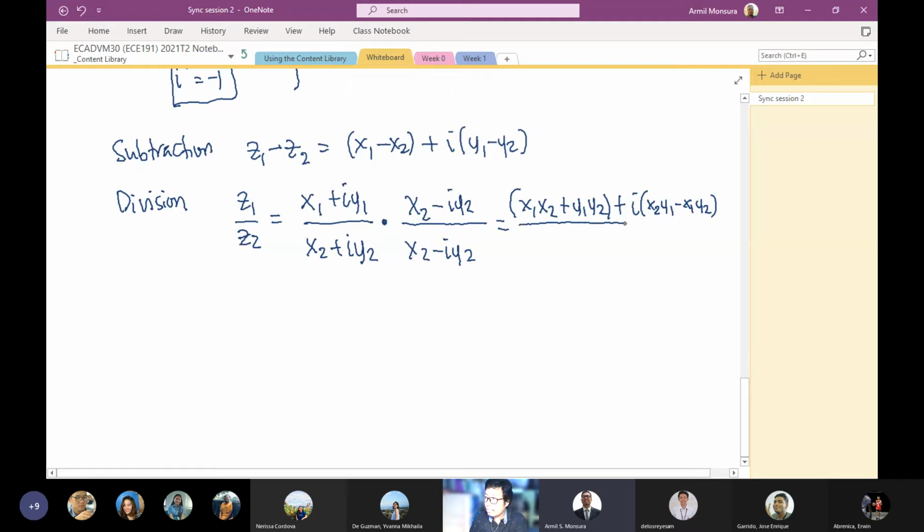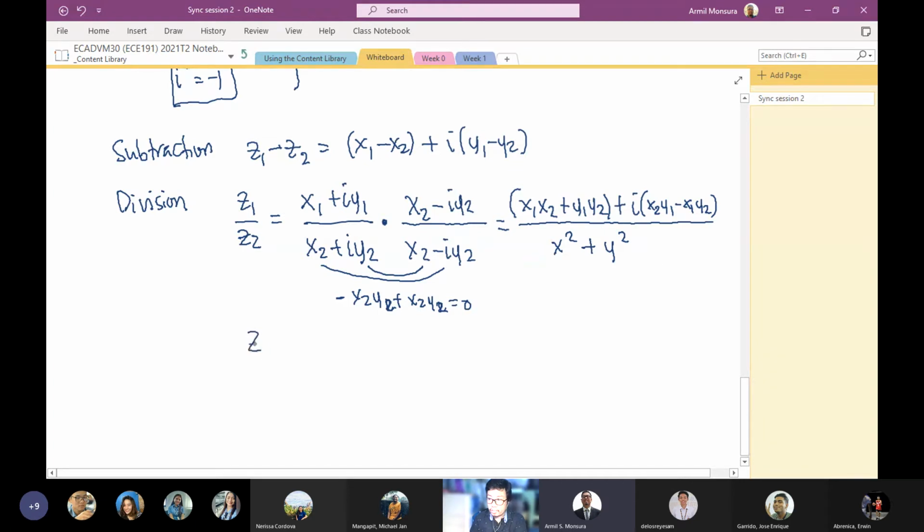Now, divided by, in the denominator, X2 squared plus Y2 squared. The imaginary part of the denominator becomes 0, because it is X2 Y2 minus X2 Y2, which is 0. So only this is left in the denominator.